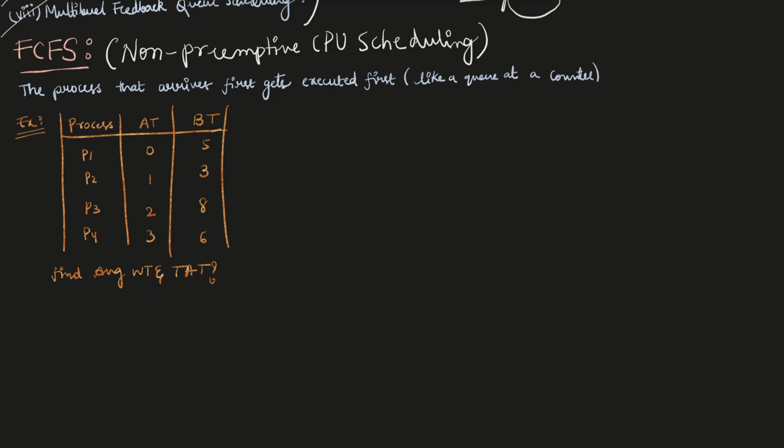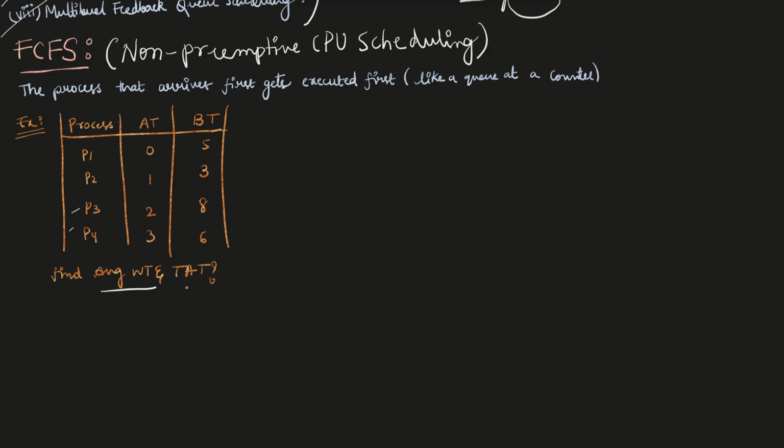Let's understand this by a question. Here we are given some processes. There are 4 processes P1, P2, P3 and P4, the arrival times are 0, 1, 2, 3, and the burst times are 5, 3, 8 and 6 for the respective processes.